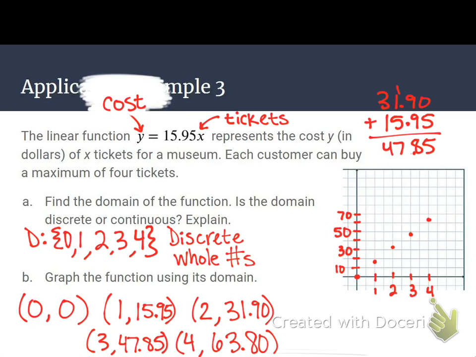Am I going to connect those? No, we said it was discrete already. You better not connect them. Questions about finding our domain, deciding if it's discrete or continuous, or graphing the function?